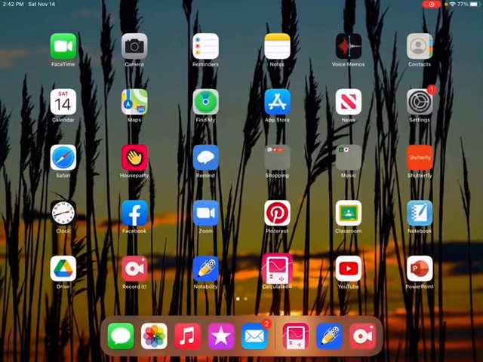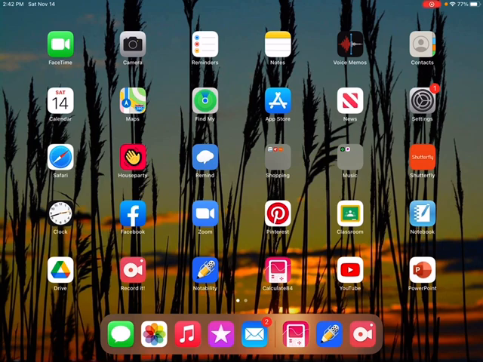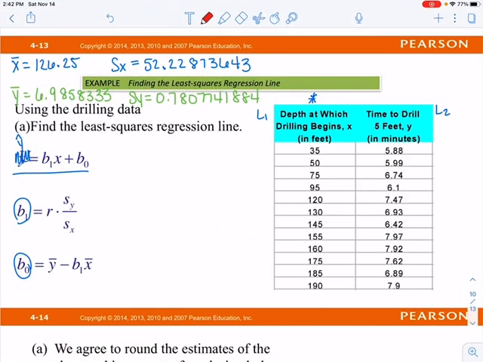So again, I'll bring that into the thing here. So R is 0.77228215305. Okay, so the first thing that we're going to do is find B sub 1.